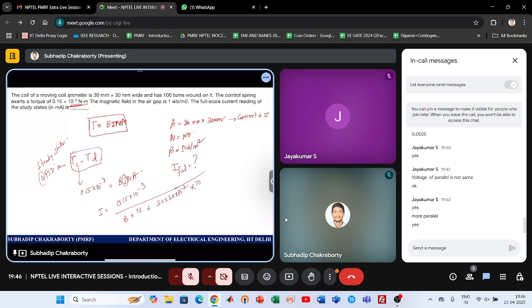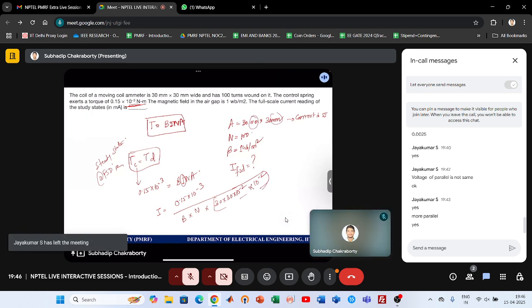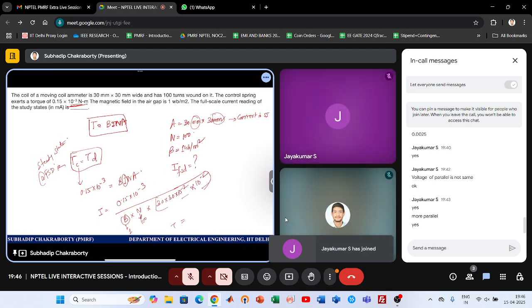10 to the power minus 2, 2 times for millimeter to meter conversion, right? And N should be 100 and B should be 1. So what is it coming? I value, let's say 10 to the power minus 3 milliampere.